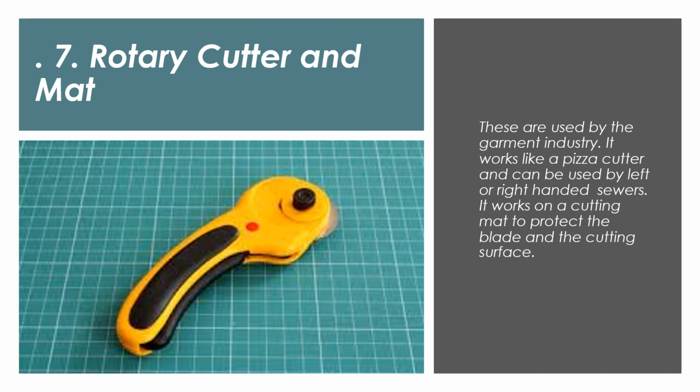These are used by the garment industry. It works like a pizza cutter and can be used by left or right-handed sewers. It works on a cutting mat to protect the blade and the cutting surface.